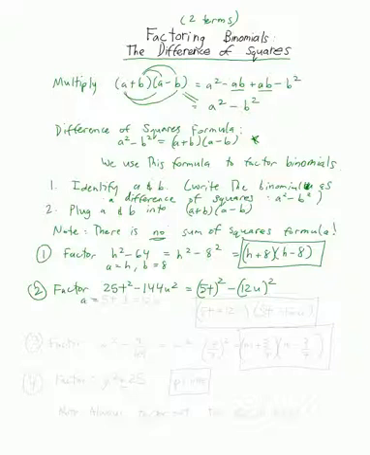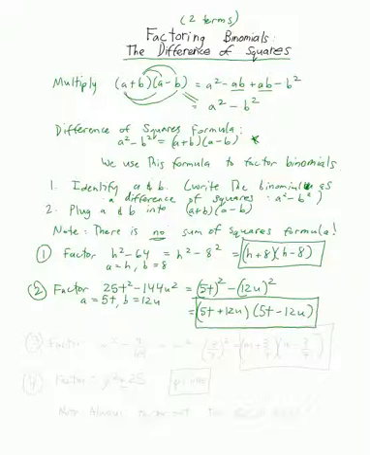So in this case, A is 5t, and B is 12u. So put them into our formula, we end up with (5t + 12u) times (5t - 12u). And that's it.